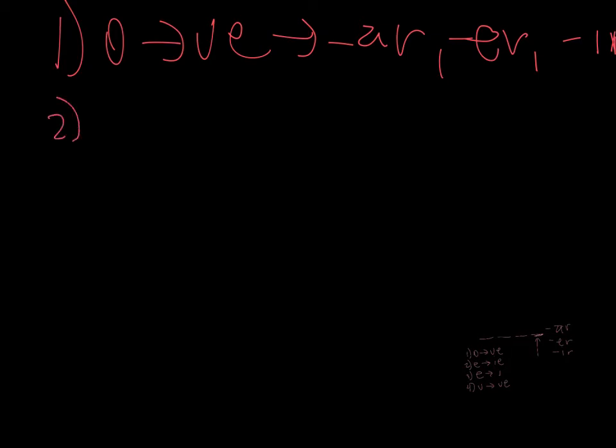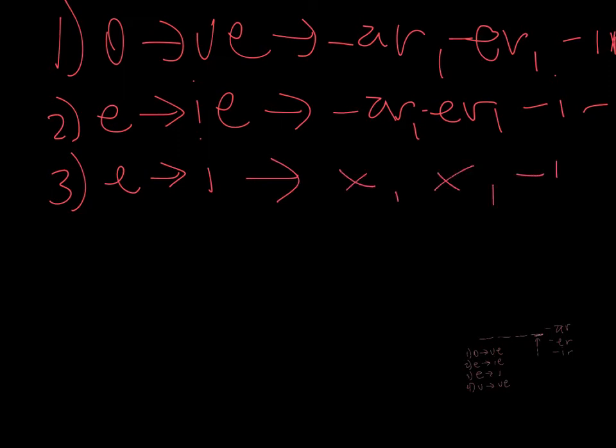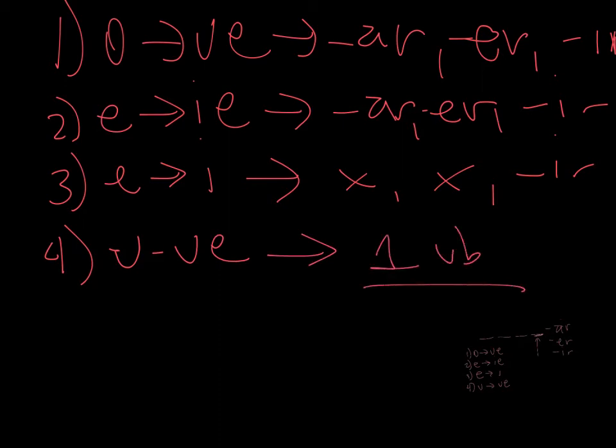For the second category, where E changes to IE, you are also going to have AR, ER, and IR ending verbs. In the third category, where E changes to I, you're only going to have IR ending verbs. And in the fourth category, where U changes to UE, you will only have one verb.